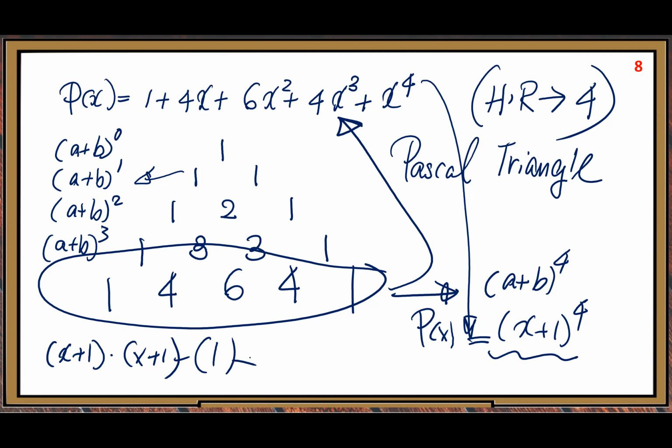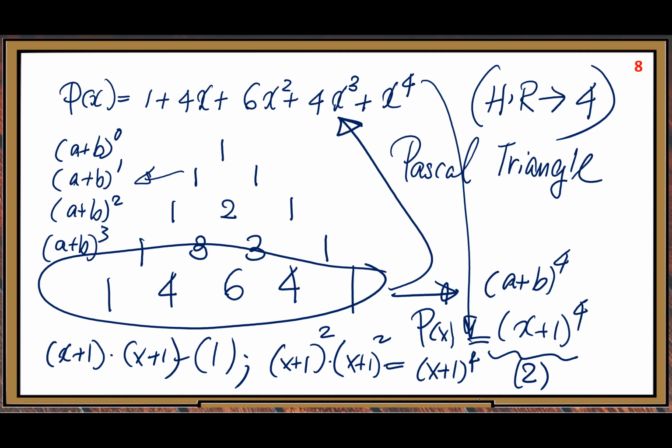The second: (x plus 1) squared times (x plus 1) squared itself equals (x plus 1) to the fourth. So that's the second multiplication. Total 2.